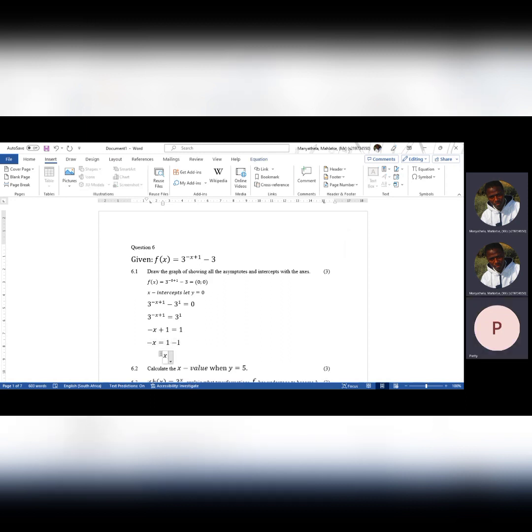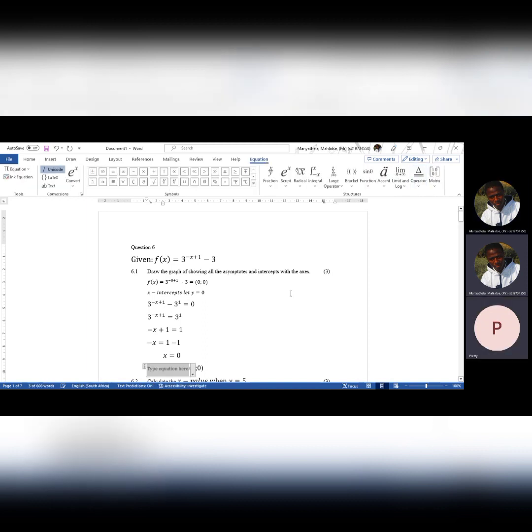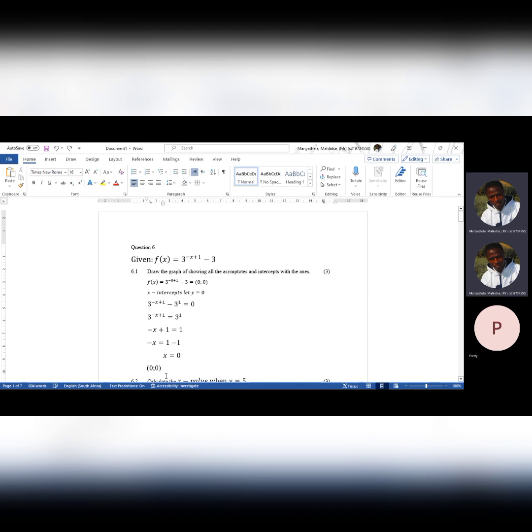So the value of x is equal to 0. So our x-intercept is 0 and 0. If you check, we have the y-intercept as 0 and 0, x-intercept as 0 and 0, meaning that this graph passes through the origin.